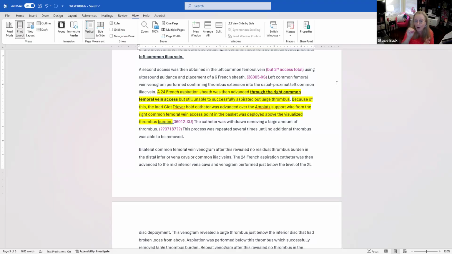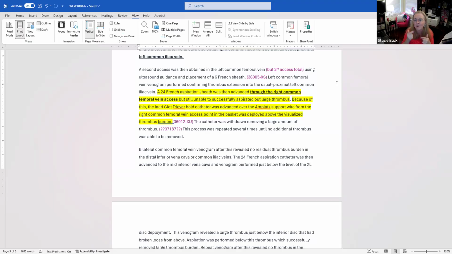So even though we have this second access into the left common femoral vein, which is our third separate access, the catheter doesn't get advanced to the IVC or to the contralateral extremity. So that's a 36005 for that puncture. And again, I put an XS on that to show that it's a separate puncture, so that it's not going to bundle with the other catheterization codes that we have.